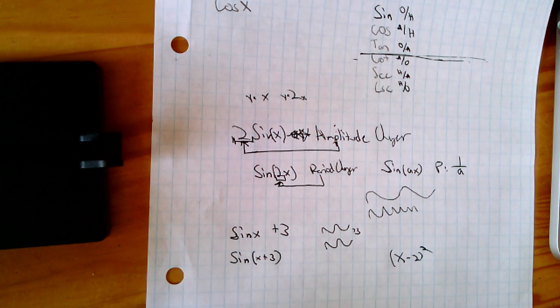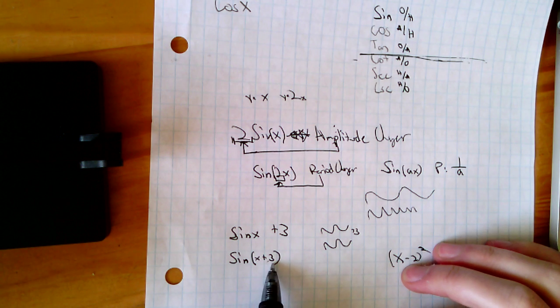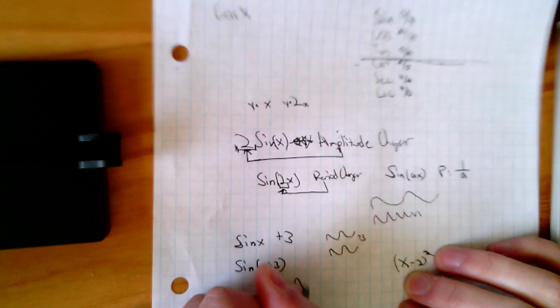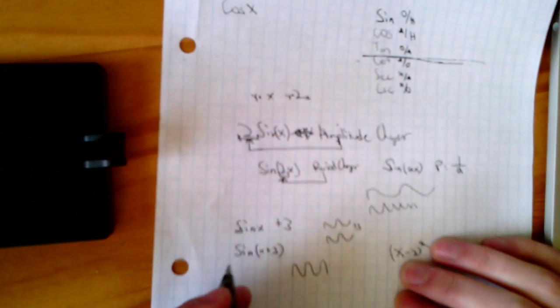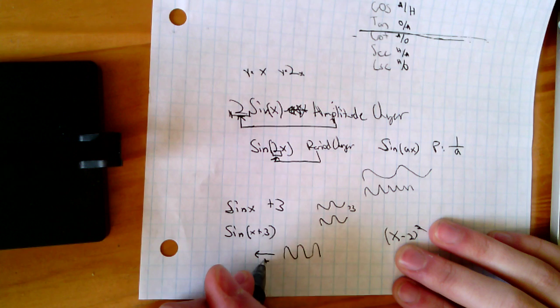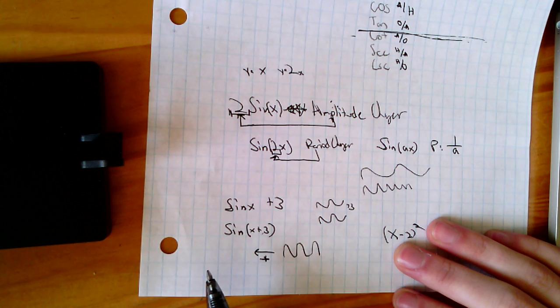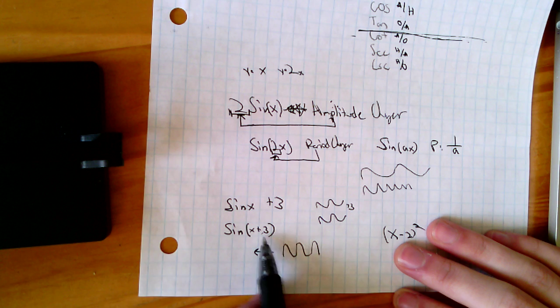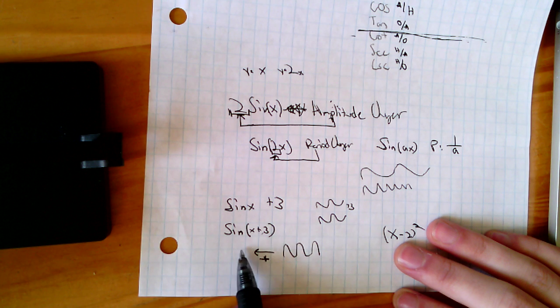And the way that works is that when you're adding, you're making things happen sooner, and when you're subtracting, you're making things happen later. So when you're adding, you would think you would be moving something to the right, but you'd actually be moving it left, even though that's where the x's go negative, because you're making everything happen sooner. So everything would hit their points sooner.